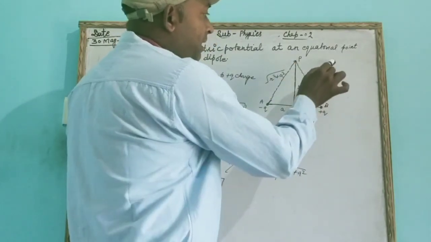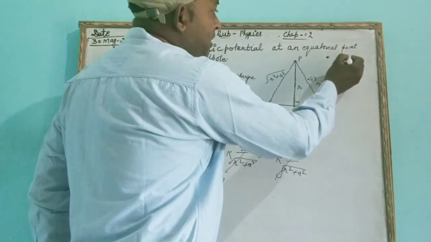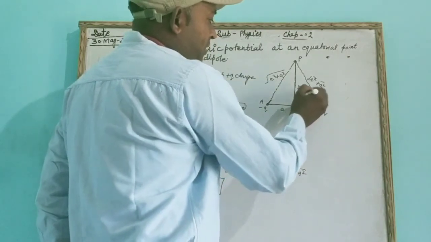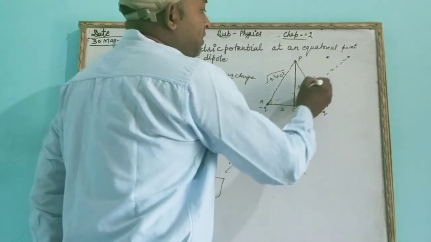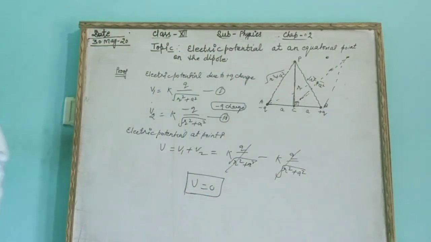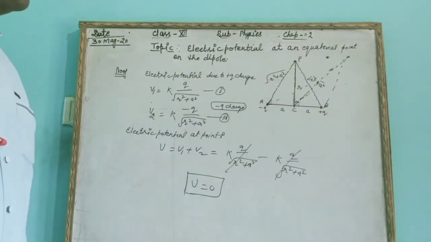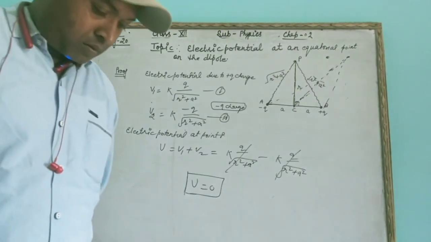Maybe that point, maybe this point, maybe this point. It is a general point, and join it to the center of the dipole. Join this charge. So in the next video, we will discuss the general point of the dipole.